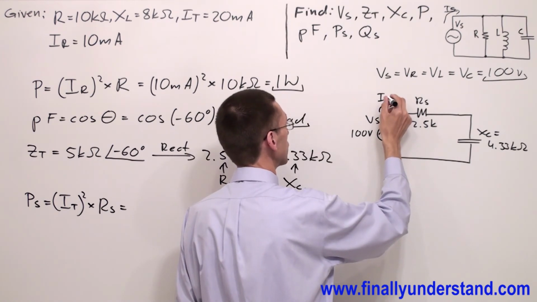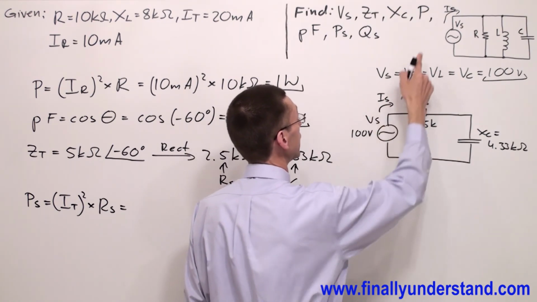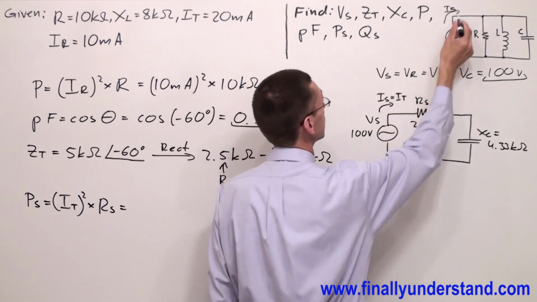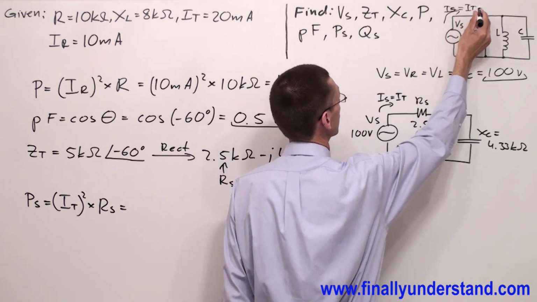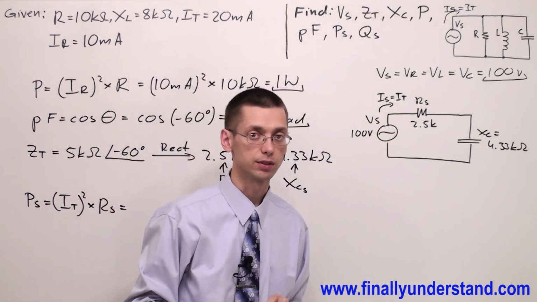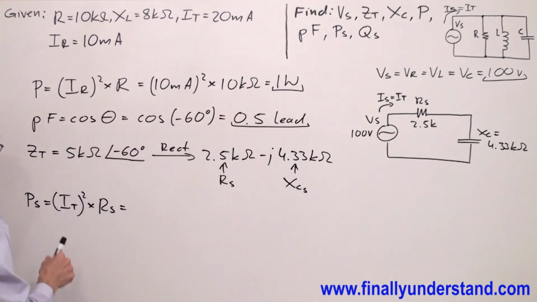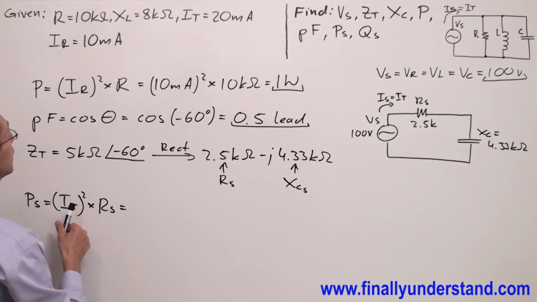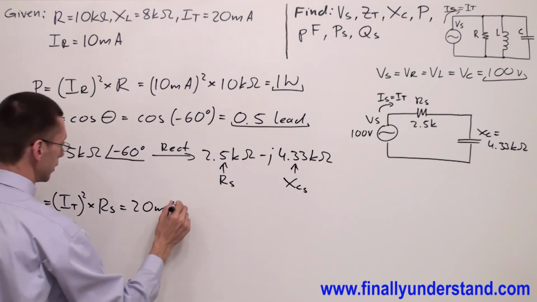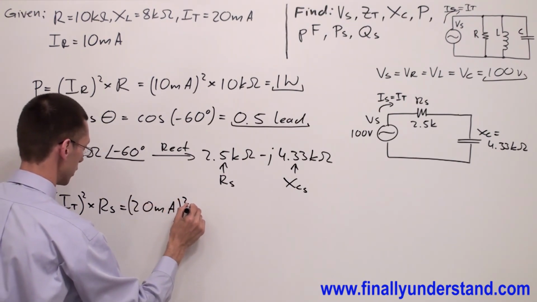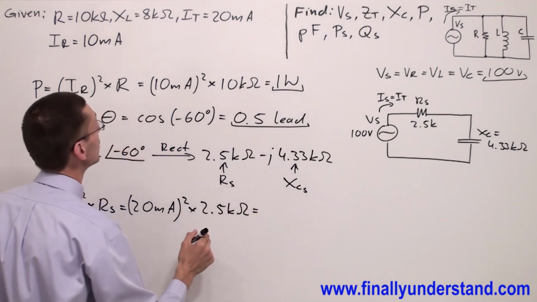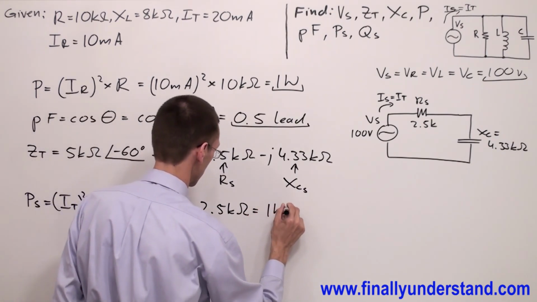So please notice that I wrote IS and IS. This means the same as I total. IS means I total, right? So don't get confused. Anytime you see I source or I total, it means exactly the same. So I total is equal to 20 milliamps, and we're supposed to raise this to the second power times RS, which is equal to 2.5 kiloohms. This is equal to 1 watt.